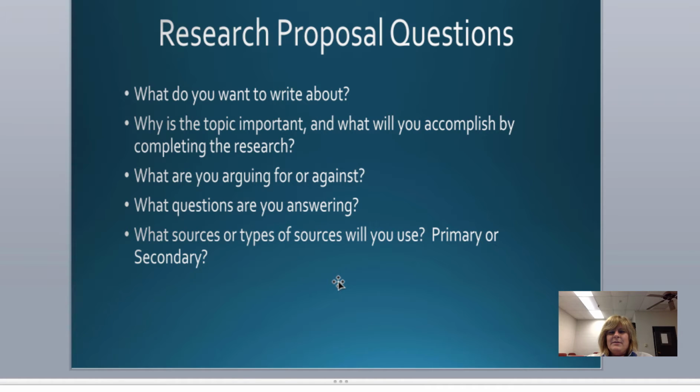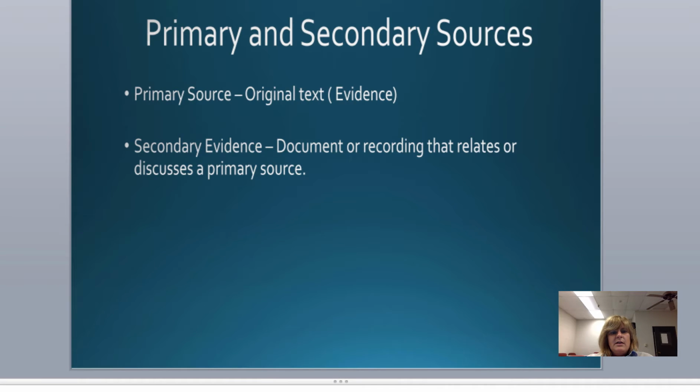I'm going to mention more about primary and secondary later. This is just the basic definition. Primary source is original text or the original evidence, whatever that original may be. Secondary evidence, documents or recordings that relate or discuss a primary source.